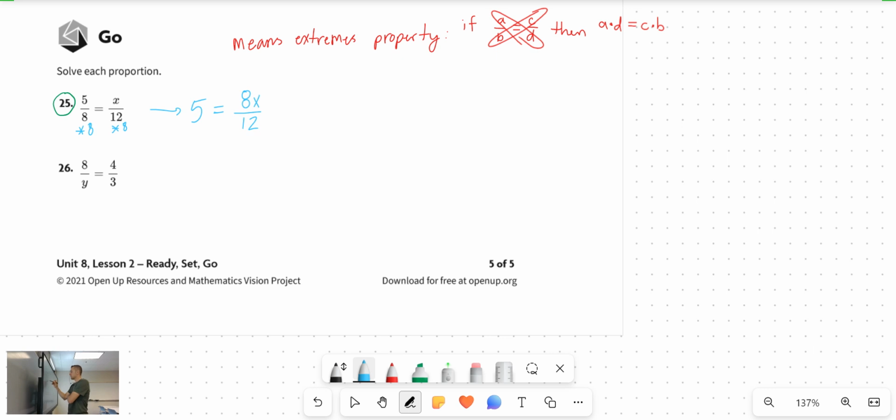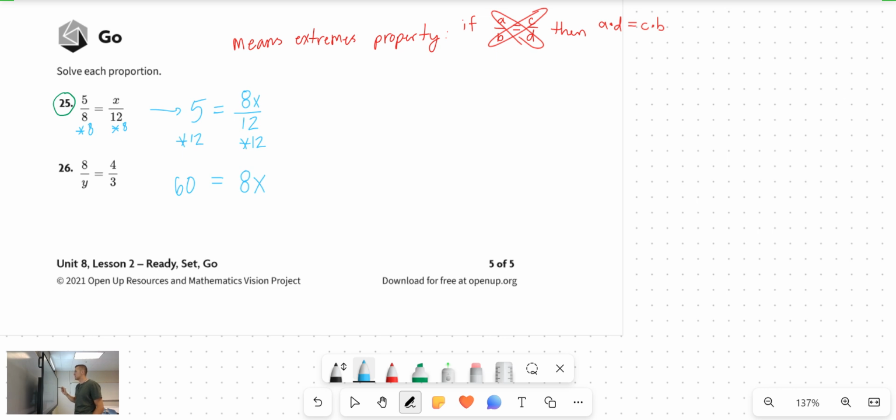Okay, now what if we multiply both sides by 12? Now we're going to have 5 times 12, which is 60, equals 8x divided by 12 times 12, which just leaves us with the 8x. So now we have 60 equals 8x. Now what do we have to do?